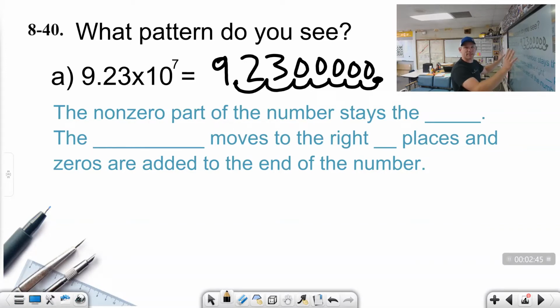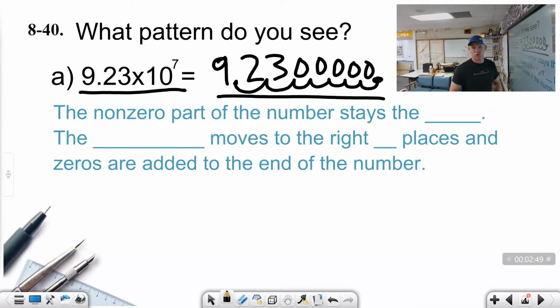Now, this is scientific notation right here. This is called standard form. Standard is the way that we always write things, regular numbers. So notice, answer to B, describing what we just did, the non-zero part of the number stays the same.